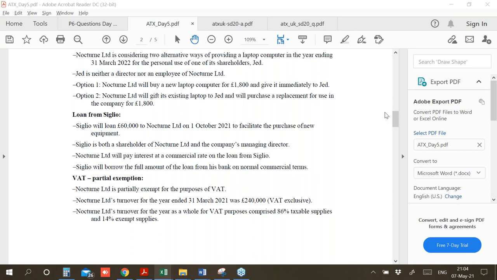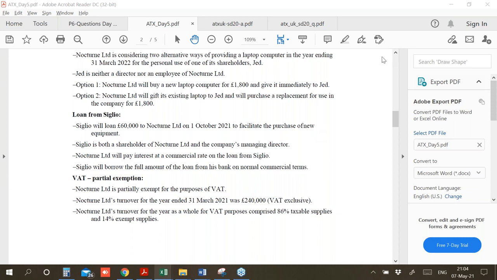So this loan has been specifically taken to invest. Therefore, Siglo can deduct the interest on the loan on his tax return, considering this a qualifying loan. So the interest from Nocturne will give rise to taxable income. However, the interest he pays the bank can be deducted as qualifying interest and will result in tax savings.